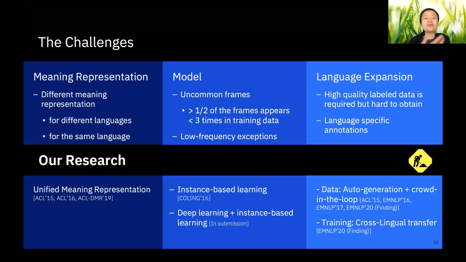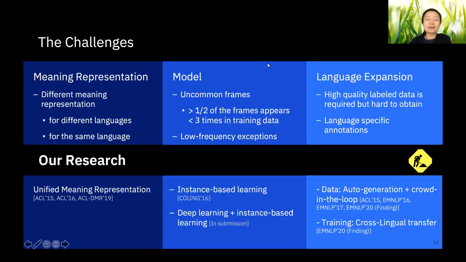Right now we have different kinds of meaning representations for different languages, and even within the same language, there are different meaning representations. So in our research, we have proposed a unified meaning representation called Universal PropBank. It's very similar to Universal Dependencies, where we use the English PropBank annotation as a starting point and then extend it across different languages.